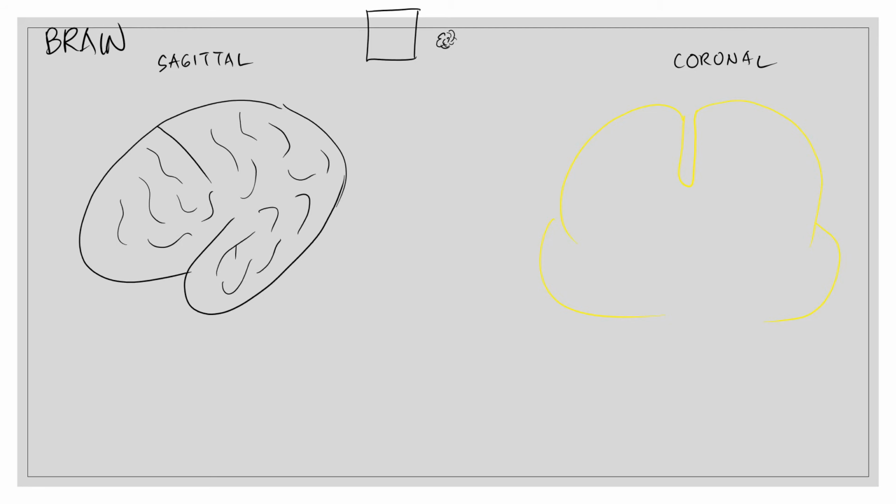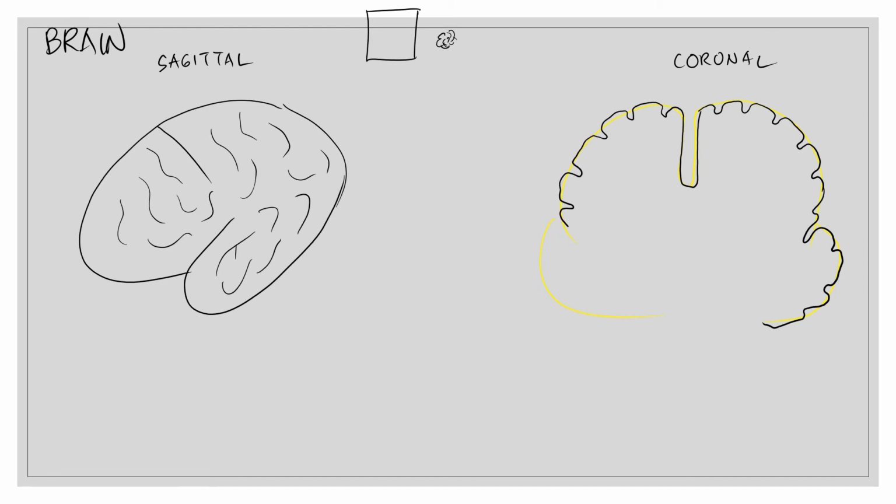Now, here, if you look at it in front, in the coronal plane, you would see those folds there. You will see those folds on both sides of the cerebral hemispheres, and some of those folds are actually important landmarks.